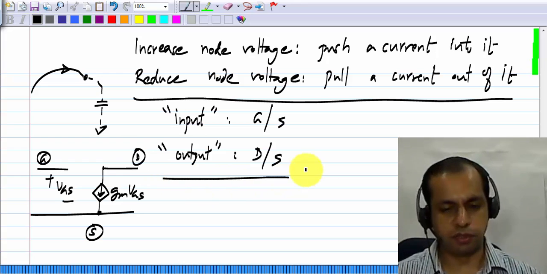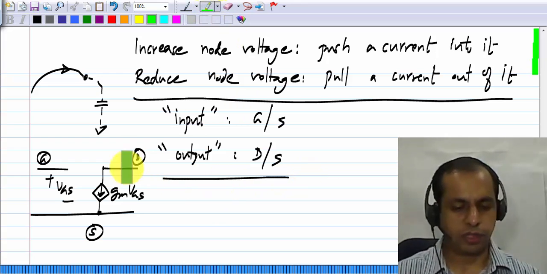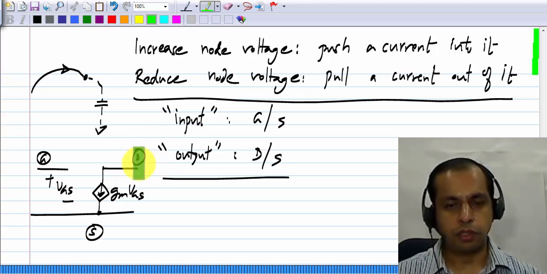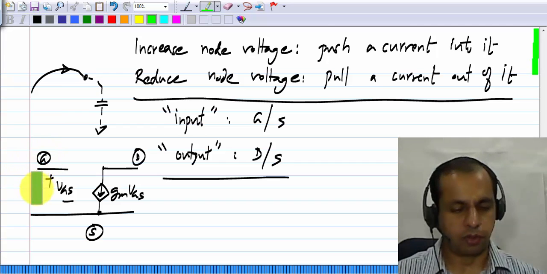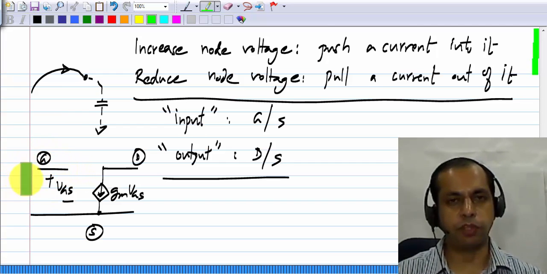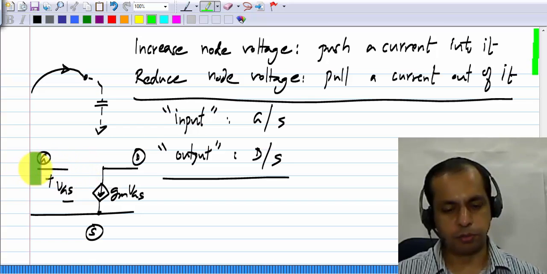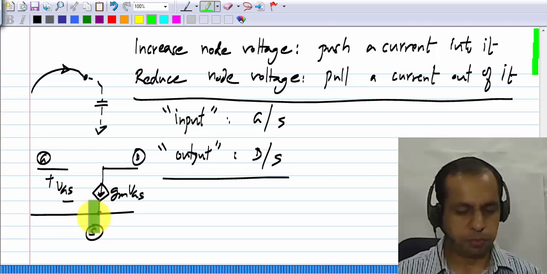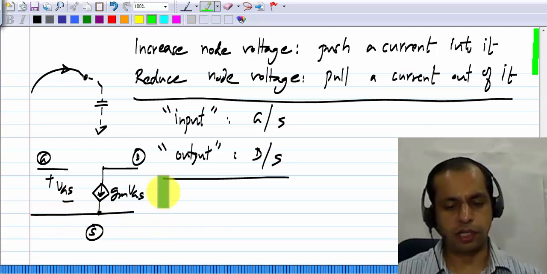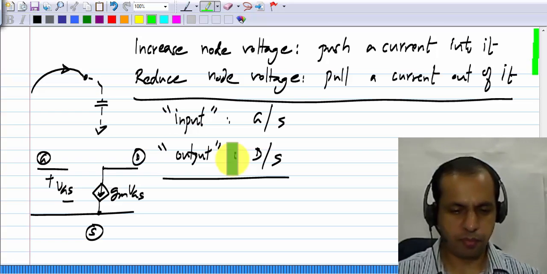Okay, we'll see examples of both. And of course, drain can only be an output. You can't apply something to the drain and expect something to happen. And gate is only an input. You can't expect anything out of the gate. Okay, no signal comes out of it. The source can be either. Okay, so the source is part of both the controlling side and the control side, and it can be either input or output. And again, we'll see examples of both of them.